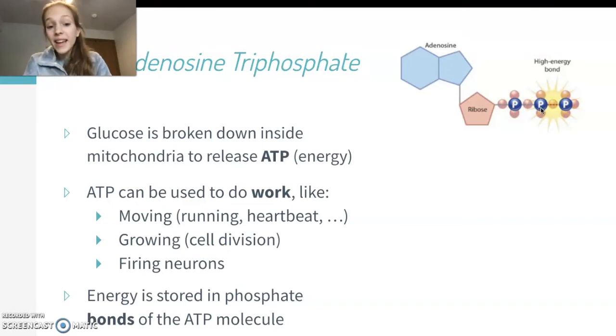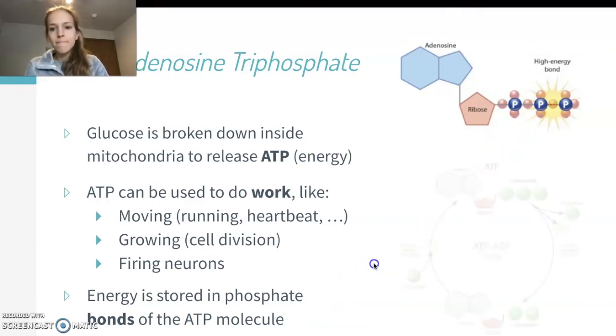And if we break those bonds, we release a ton of energy. And so ATP is this molecule, it's a pretty big molecule actually, that is kind of like ready to go. Think of it as like some kind of battery where it's got the energy, it's ready to do work, and all we have to do is break this bond and we release the energy to do the work.